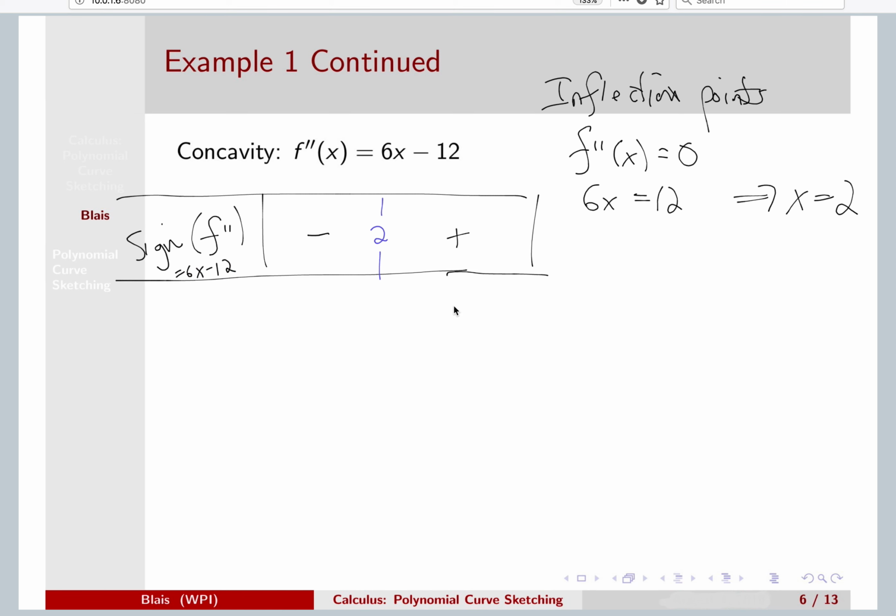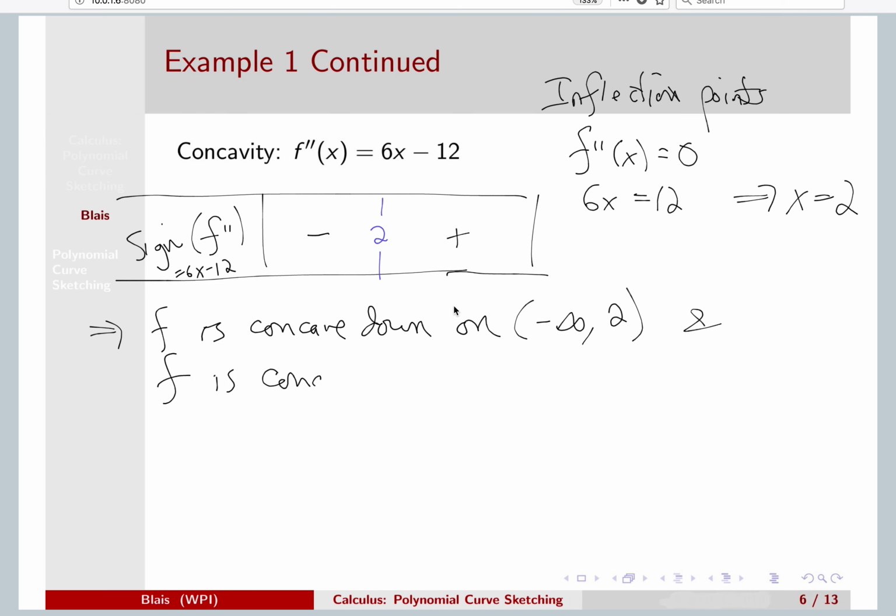So we conclude that f is concave down on (minus infinity, 2), and f is concave up on (2, infinity). And we have an inflection point at x equals 2.